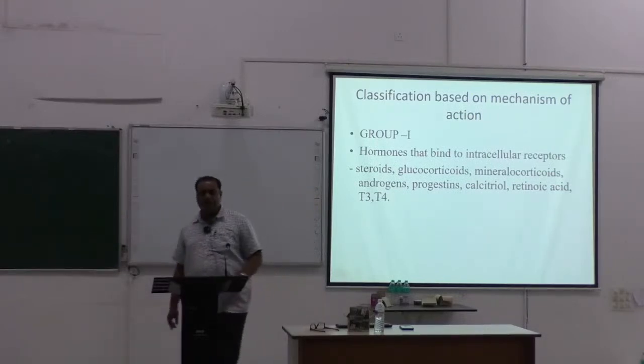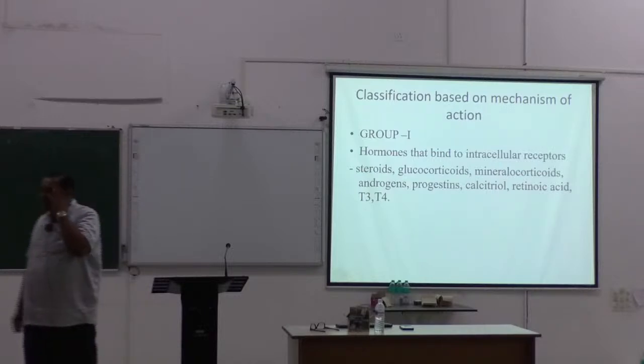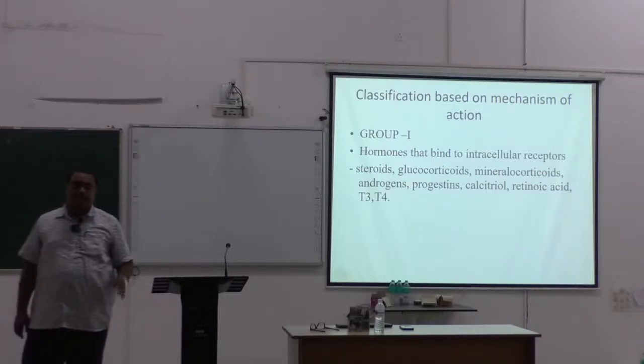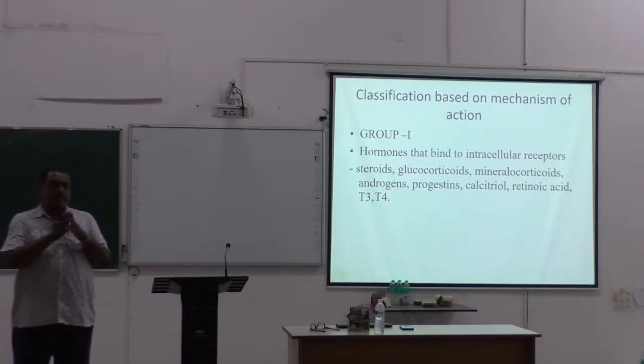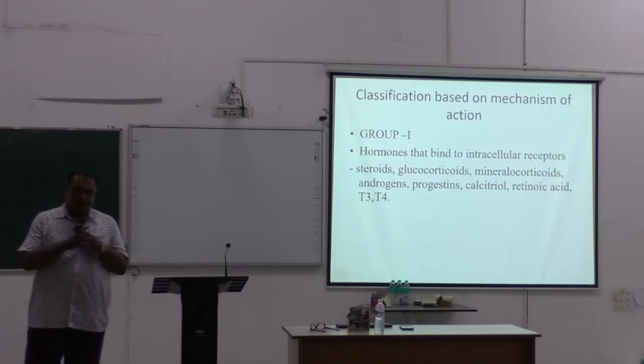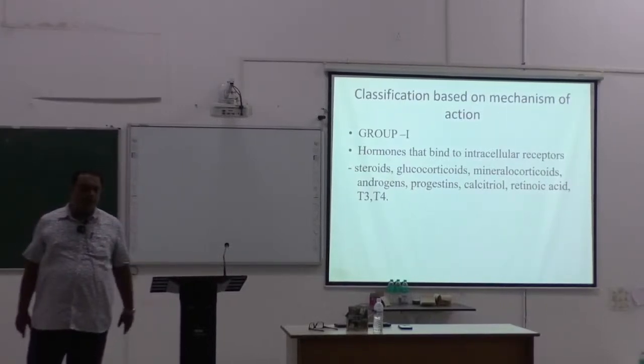Now from here you must remember, this comes in biochemistry: the classification of hormones based on their mechanism of action. Where in the target cell do they act? Depending on that, they can be classified largely into two groups, group 1 and group 2.